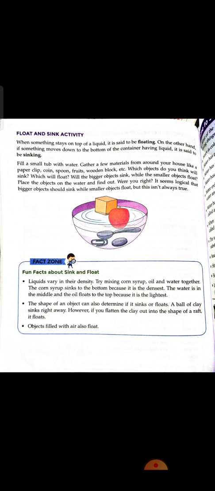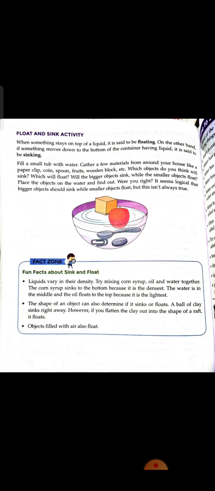Now fill a small tub with water. No need to fill a small tub, you can do the experiment in a bowl of water. Gather a few materials from around your house like a paper clip, coin, spoon, fruits, wooden blocks, etc. Instead of wooden blocks you can use a pencil, because a pencil is made of wood.